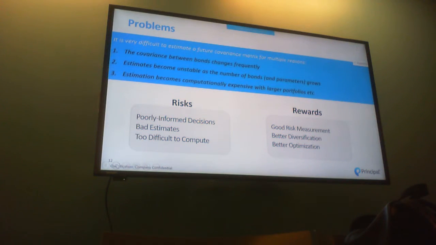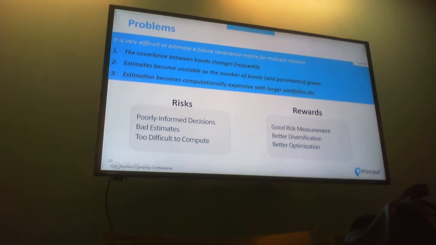Then in the risks bucket, can your team think of anything else that might come along with having a bad covariance matrix? If you don't have an answer, that's fine. I can't think of any off the top of my head.